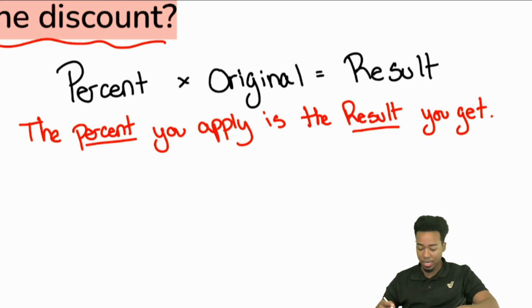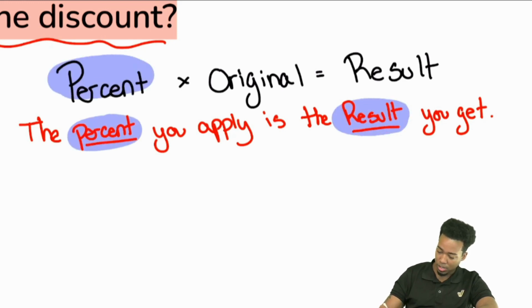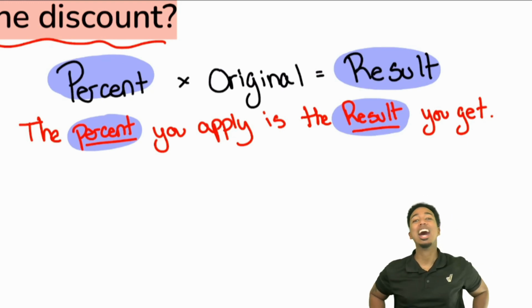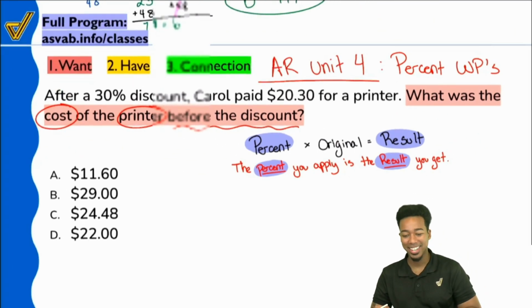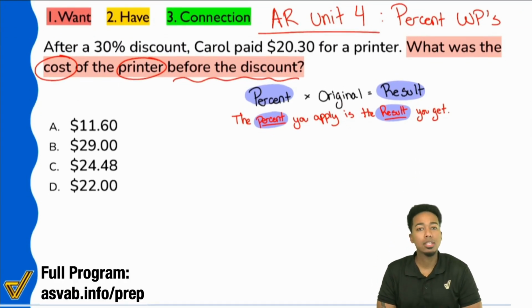Now, what does that mean? Let me use a different color. I'll use percent and result, percent and result. This is going to make a lot of sense in a few moments. So let's write down the information that we're looking for.